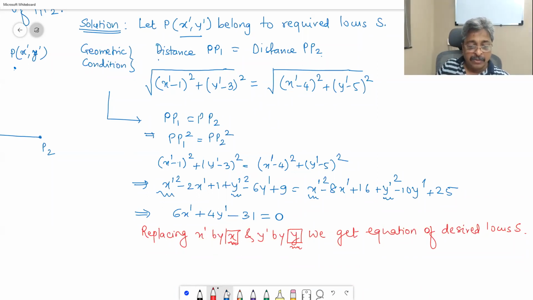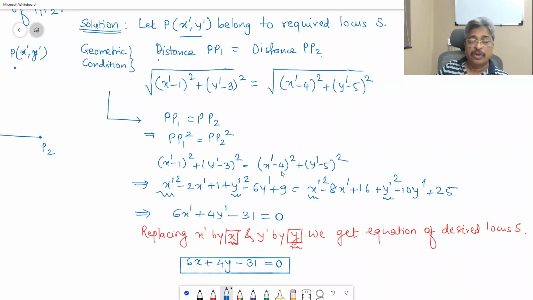Okay, therefore you complete the locus problem. 6x plus 4y minus 31 is equal to 0 is equation of perpendicular bisector. Do you understand? So I am explaining you not only the numerical problem, how to solve, but I am telling you the method.